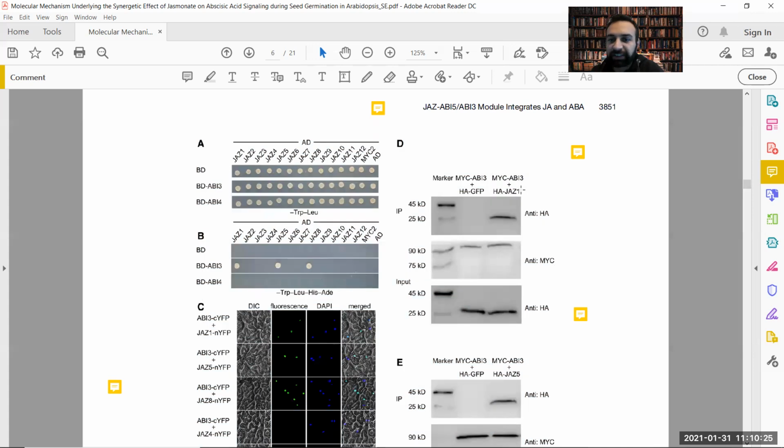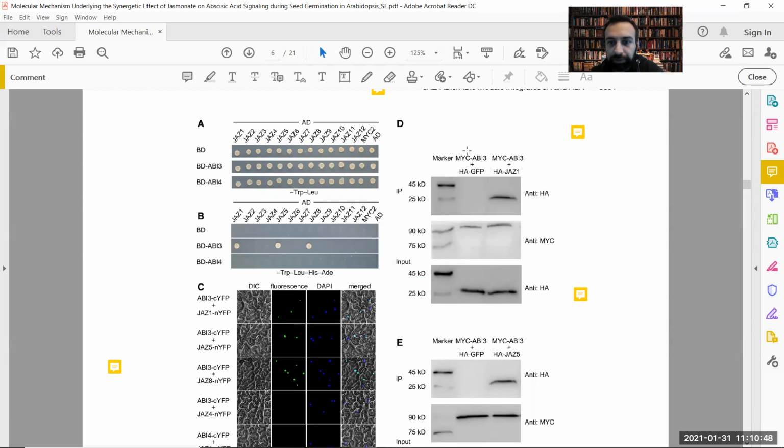Whereas the JAS1 protein interacts with ABI3, so when we pull only MIC containing proteins, this HA-JAS1 also comes. So we see this protein here. And in the input, since we add these two, when we use MIC antibody, we see this protein, and when we use HA antibody, we see this protein, GFP. Also the same for here.